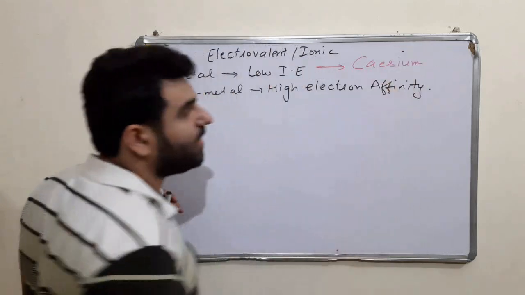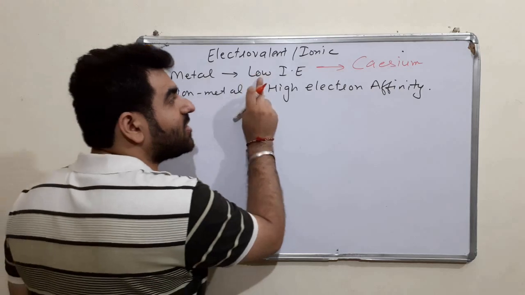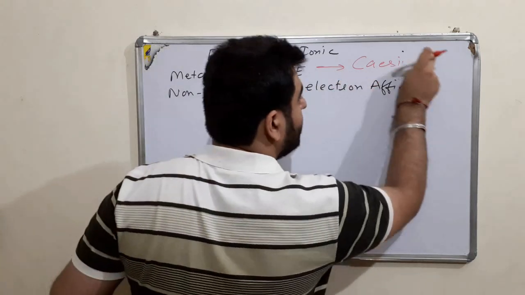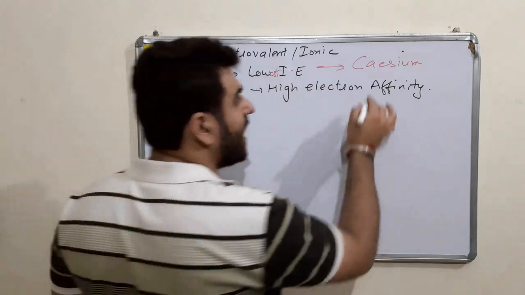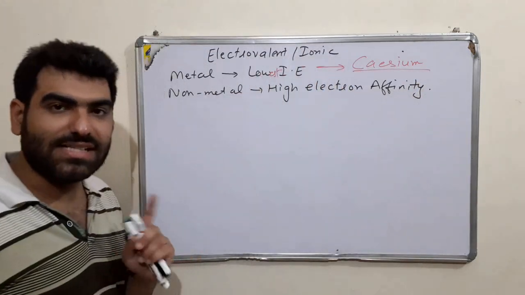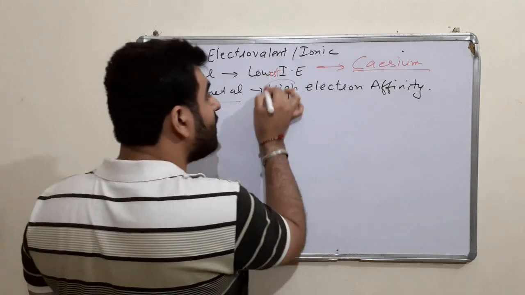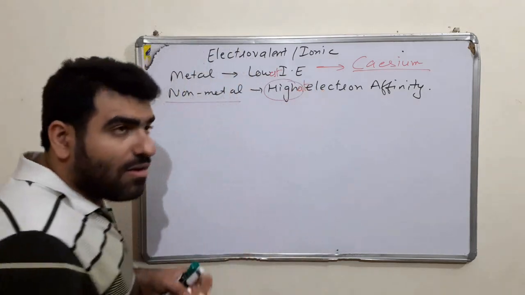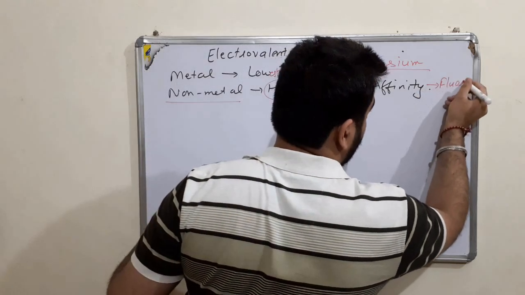This we have discussed in the previous videos of the periodic table. That element with the lowest ionization energy of the entire periodic table was cesium. Very less ionization energy. And the element which has the highest electron affinity was fluorine.